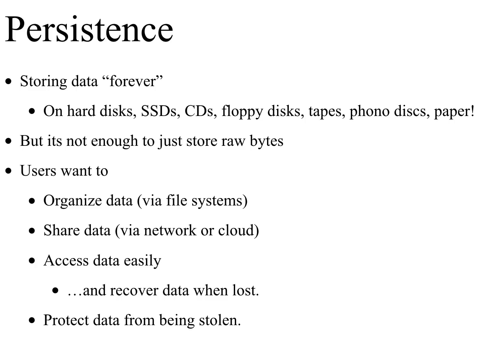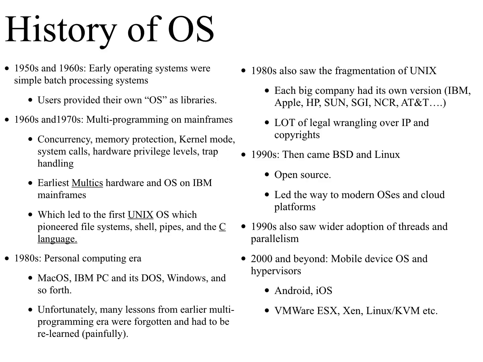Operating systems have had a very rich and interesting history. Now, we'll look at some of this history very briefly. The earliest operating systems in the 1950s and 60s were designed for early mainframe systems, and essentially users were responsible for bringing their own operating systems with their programs.